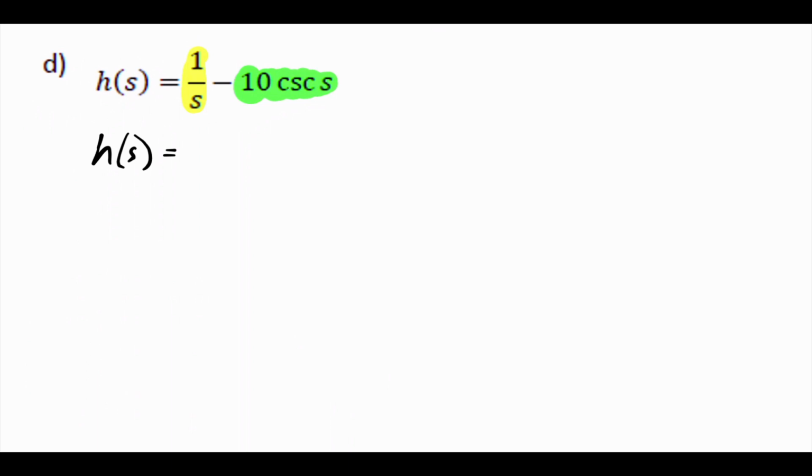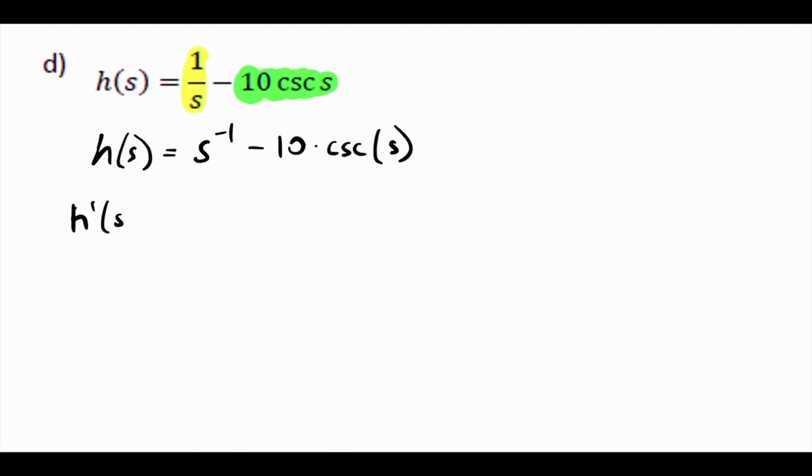So how would I rewrite it? S to the what power? -1, yeah. I would rather use that way. Could you use quotient rule? Absolutely. But that's just a lot of extra work for really no reason. That way, you just use the power rule.